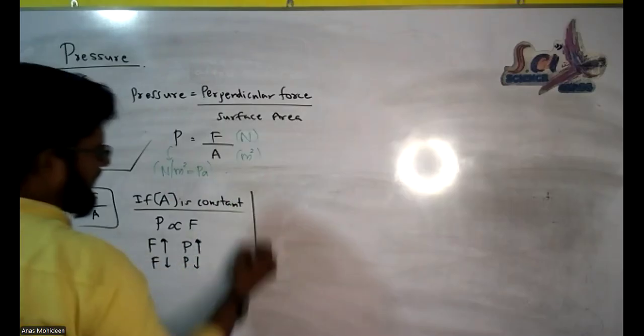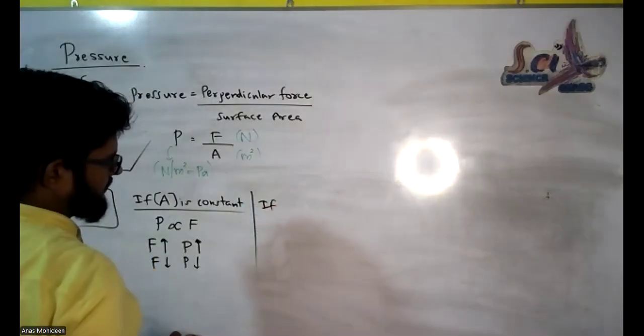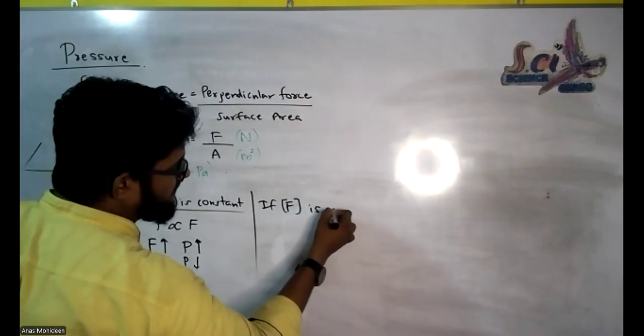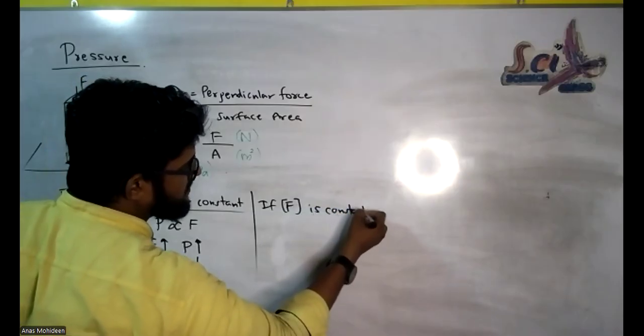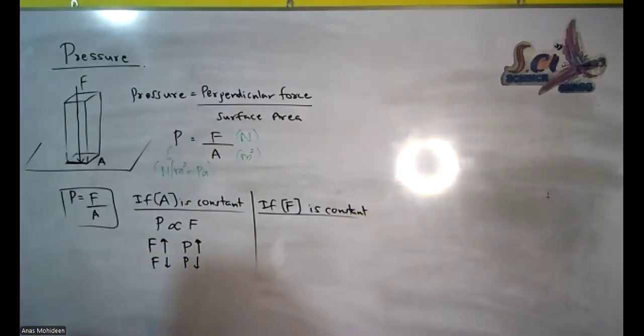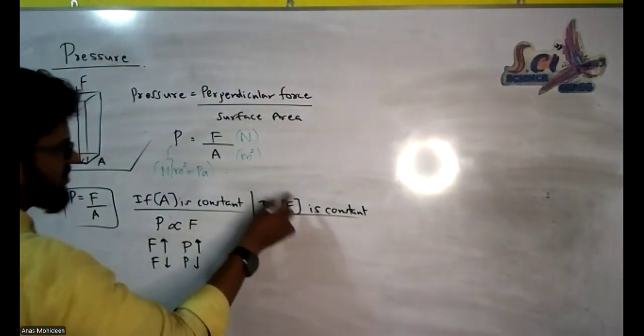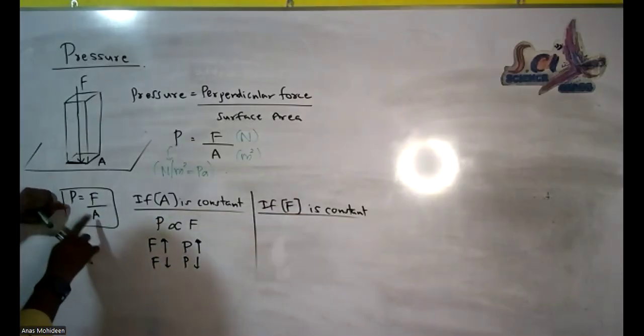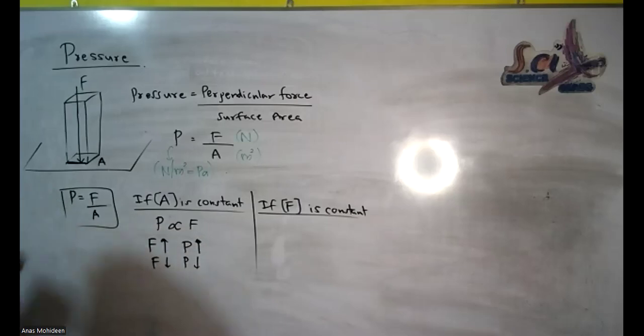Same way, let's say you keep the force the same. You're not changing the force. F is constant. You are changing the area, keeping the force the same. P and A, pressure and area, you can see it is inversely proportional.